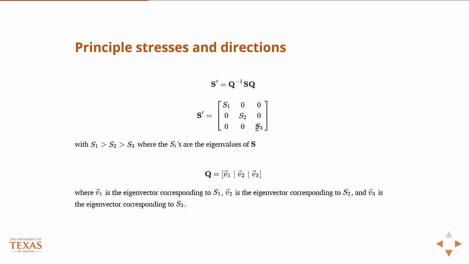And again, Q is made up of the corresponding eigenvectors. So in this case, V1 is the eigenvector corresponding to S1, V2 is the eigenvector corresponding to S2, V3 is the eigenvector corresponding to S3.